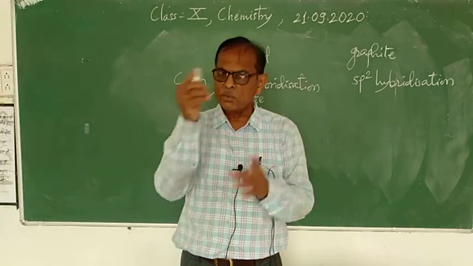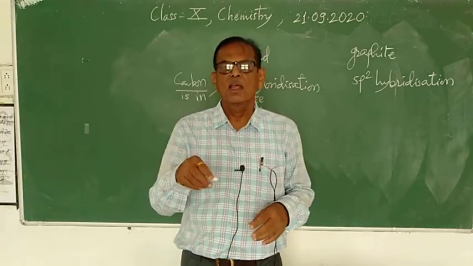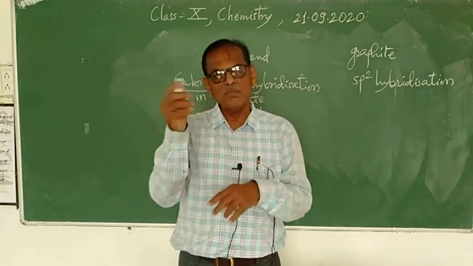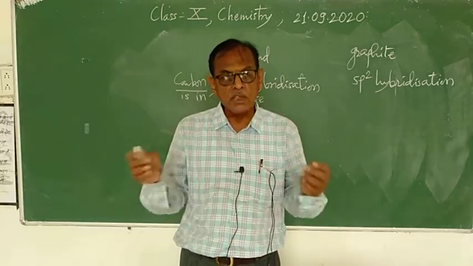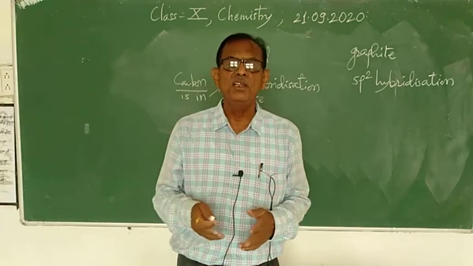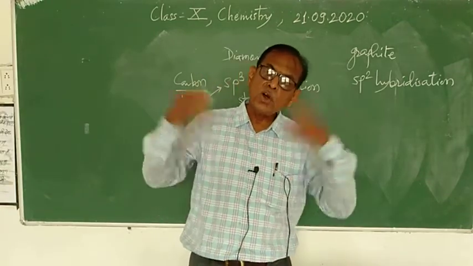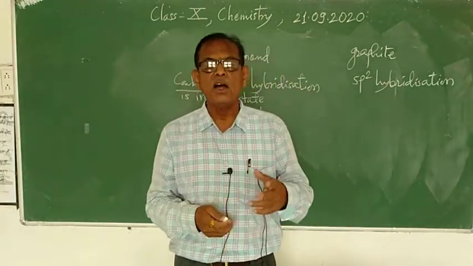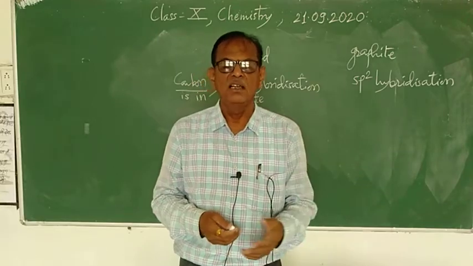Now you know the s orbital is spherical in shape and p orbitals are dumbbell shaped. They mix into one another, redistribute their energy and produce new orbitals of equivalent energy, equal shape and size.